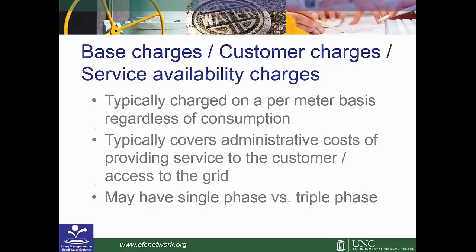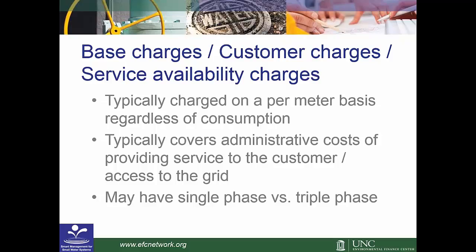So the customer charges, also called base charges or service availability charges, are typically charged on a per electric meter basis, regardless of how little or how much electricity you're consuming. It's a charge per billing period, so frequently that's going to be per month. Some of you may be on some other kind of billing period, like per quarter or every 2 months.